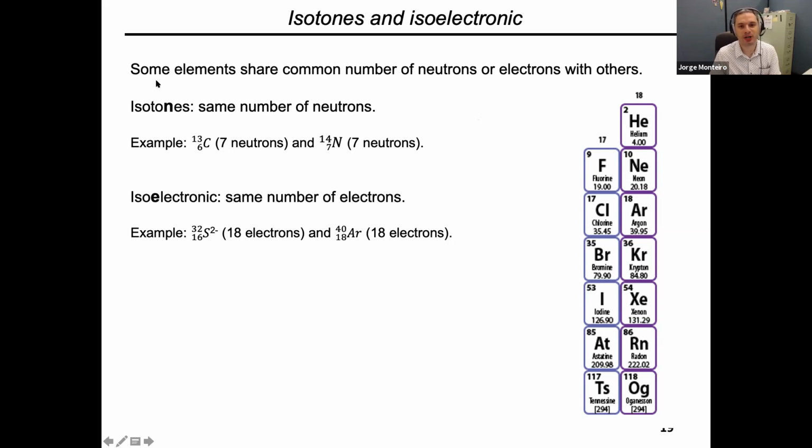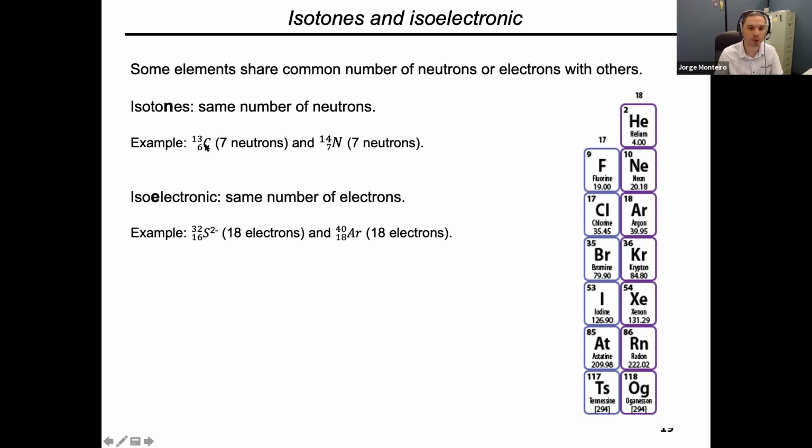Some elements share a common number of neutrons or electrons with others. Isotones: same number of neutrons. Okay? So you may have two different elements that share a common number of neutrons, and therefore those two elements are called isotones.